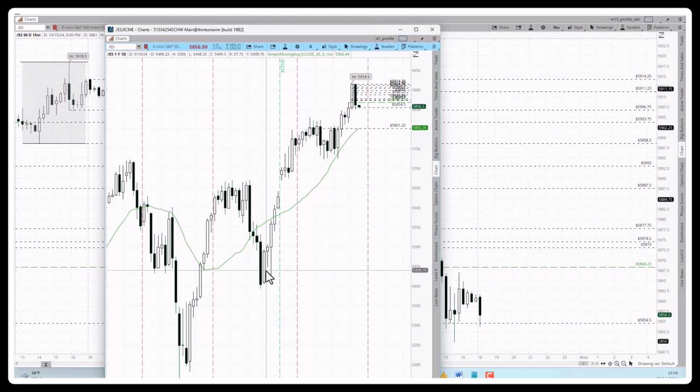It will never reverse from here. That is the logic of the ICT price delivery model. But after this expansion, the reversal is going to happen right here. It's not going to reverse right here because it does not have enough liquidity, for lack of a better term. The algo tries to build liquidity, so it needs expansion and then it reverses.